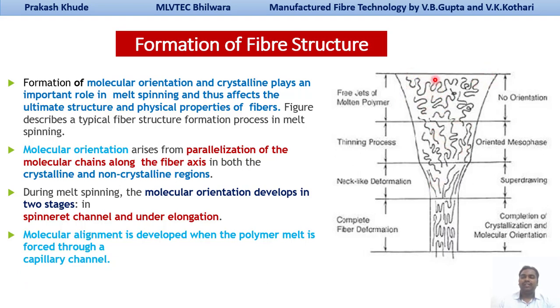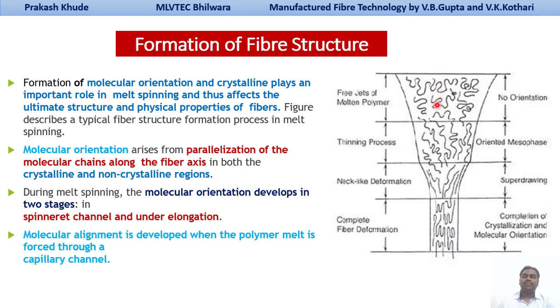This is the initial stage where the polymeric chains are not oriented, and when we take this polymeric fluid downward, they try to align in the direction of the fiber axis, because we are ultimately stretching down the polymeric fluid as we wind it on the winder.